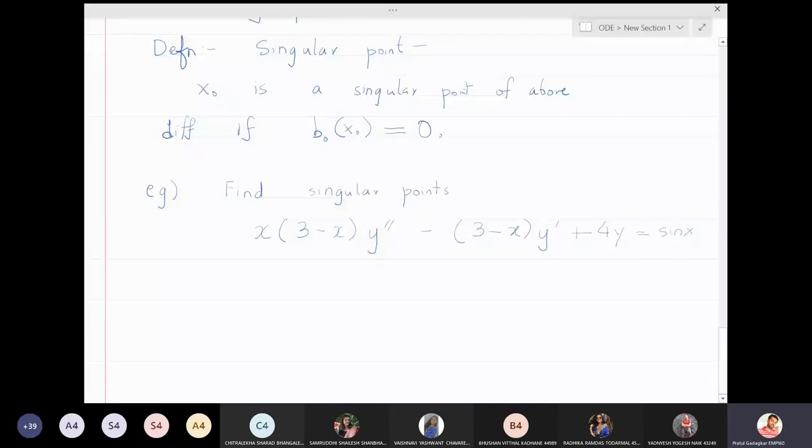Solution: coefficient b naught is x into (3 minus x), and this is equal to 0 if x is equal to 0 or 3 minus x is equal to 0. So this means x is equal to 0 and x is equal to 3. So these 2 points are your singular points.